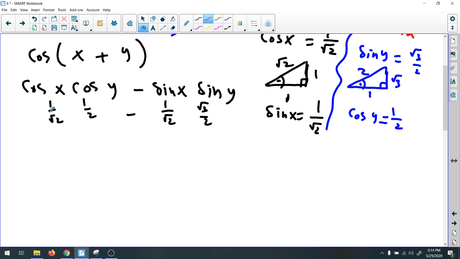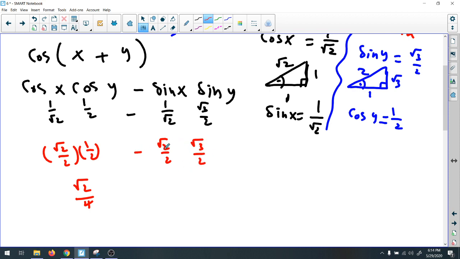But you could convert 1 over square root of 2 to be square root of 2 times a half, and combine it together. Make it nice, no radical in the bottom. So 1 times square root of 2 is square root of 2, divided by 2 times 2 is 4. And here is square root of 3, and you could convert this to be square root of 2 over 2.